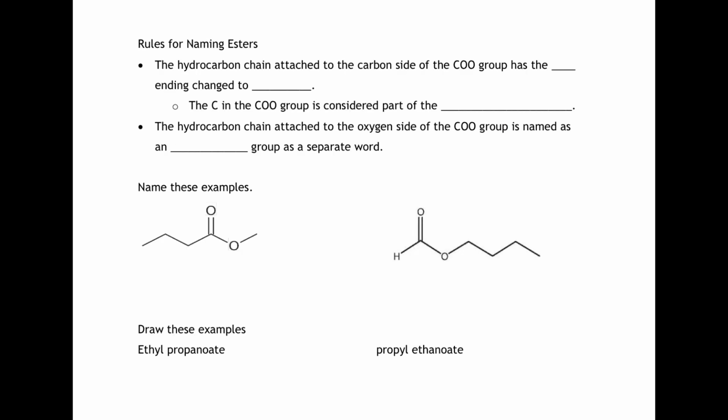Okay, so for naming these, the hydrocarbon attached to the carbon side of the COO group, in this case, according to the way I drew it on the previous page, that's R1, the parent chain. It has the E ending change. The E at the very end of the word changes to OATE. So not oat, this is OATE. We like to say all of the vowels in chemistry class, so we put all the vowels in, we don't put them together.